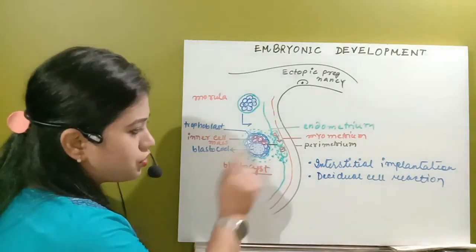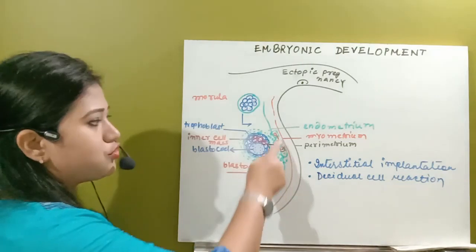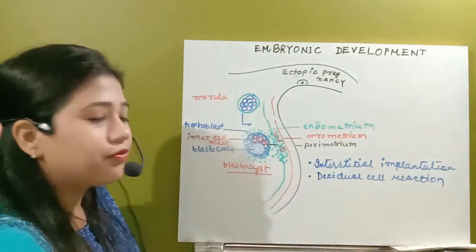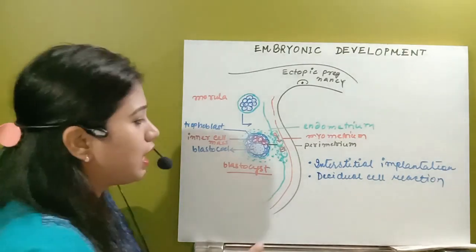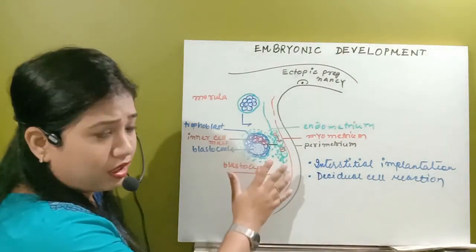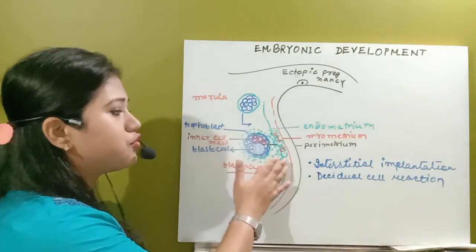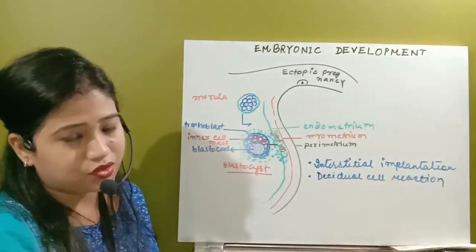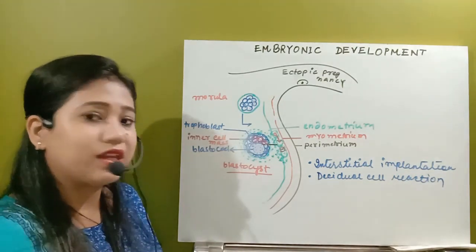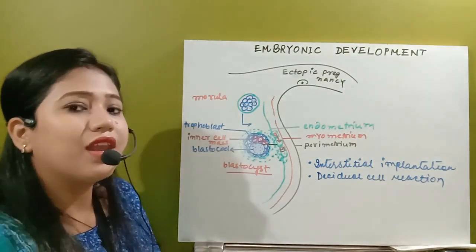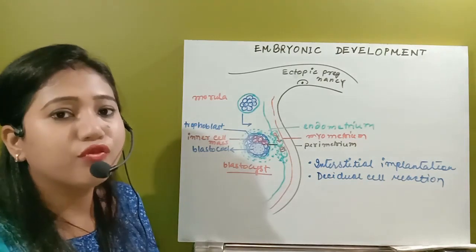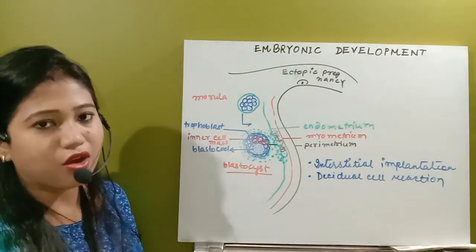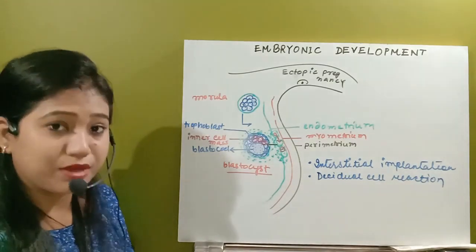In the region where it is coming, the endometrium locally develops a swelling or edema. Some nutritive fluid is released by the endometrium and taken up by the blastocyst. To hold this liquid, a cavity develops where the liquid of the endometrium is present, and that is known as the blastocyst.